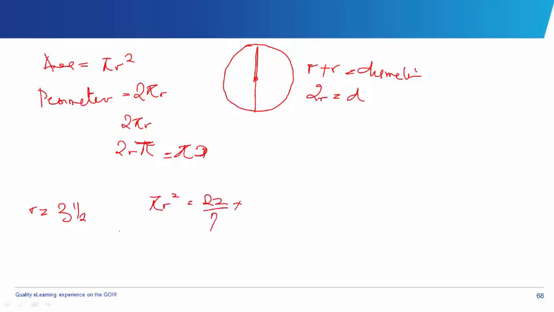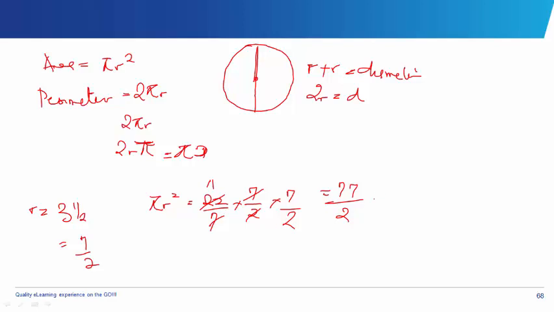R is 3.5. If we change it to an improper fraction, it gives us 7/2. So we have 7/2 times 7/2. So this 7 will cancel this 7. These 2 divided 22 to give us 11. And that is 11 times 7 will give us 77/2. So this is our area.